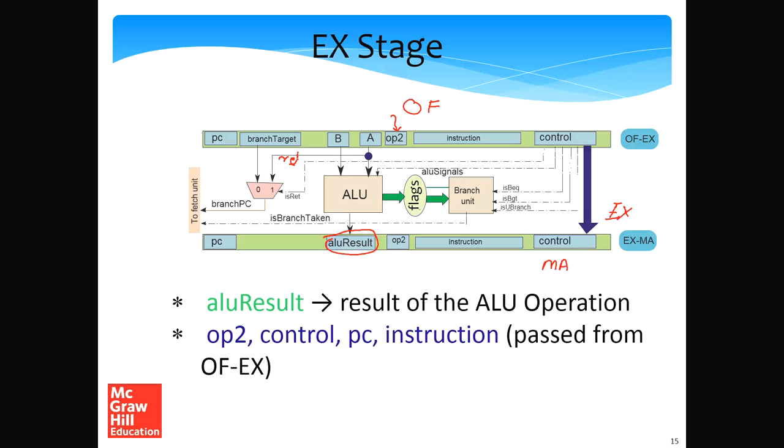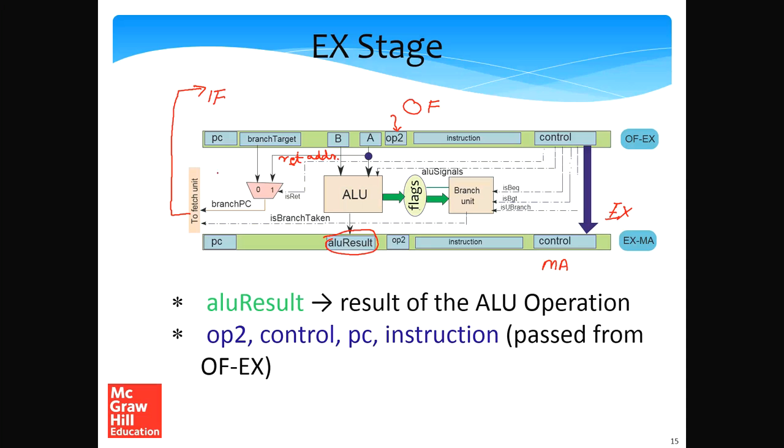So in the case of a return instruction, the contents of the field A will contain the return address. Otherwise, it will be the branch target. So using the isRet control signal, we choose between them to compute the branch PC. These are then sent to the IF stage, to the fetch unit.